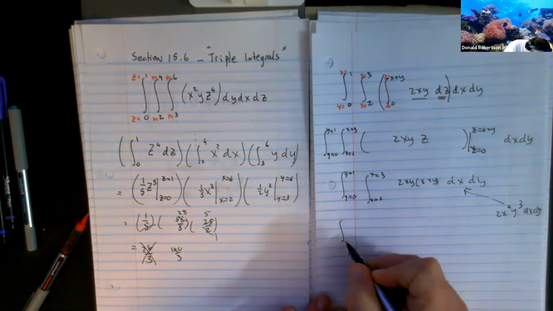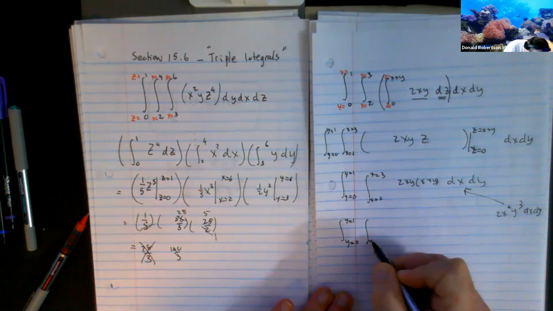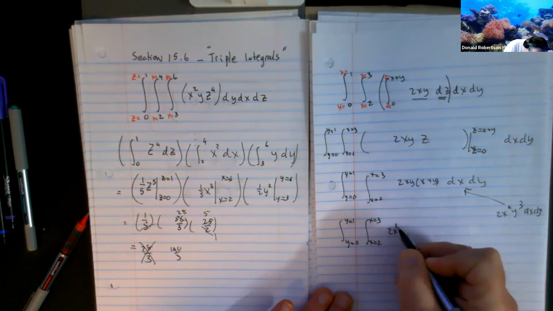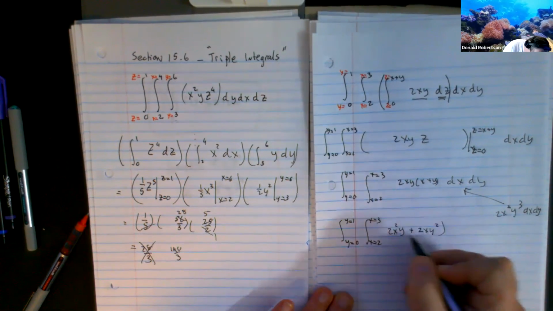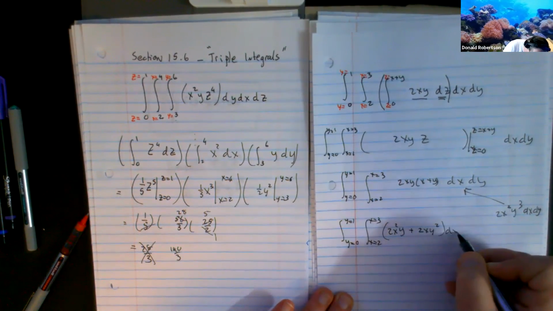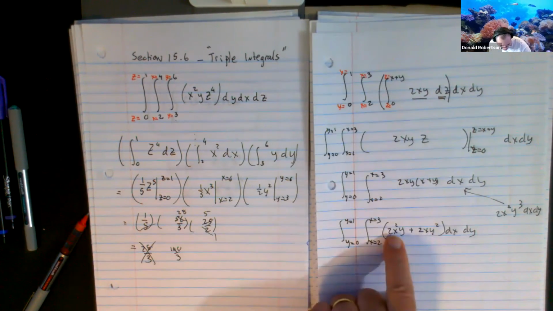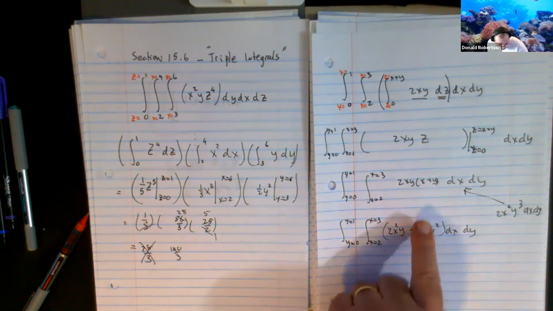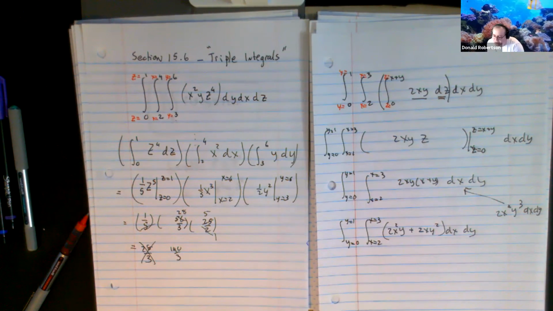So for this particular situation, I think it would make sense to distribute the 2xy to make integrating this a little bit more obvious, right? I think if I left it as this product, when you do the integration with respect to x, you're really making your life harder than it should be.